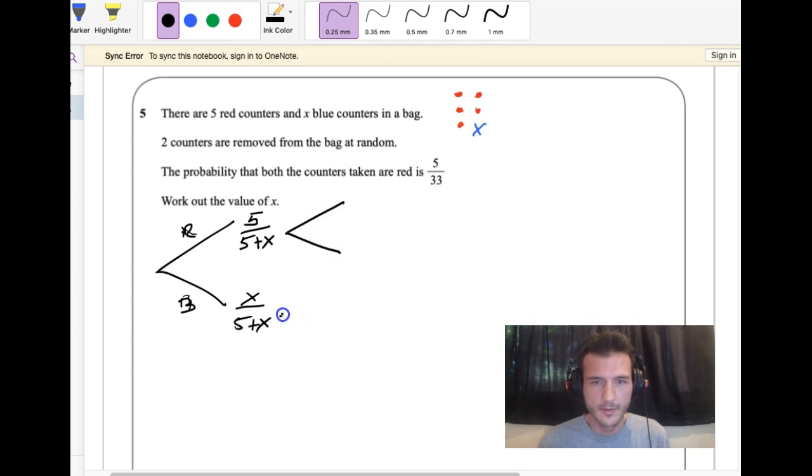Second pick. So we've got red, blue, red, and blue.